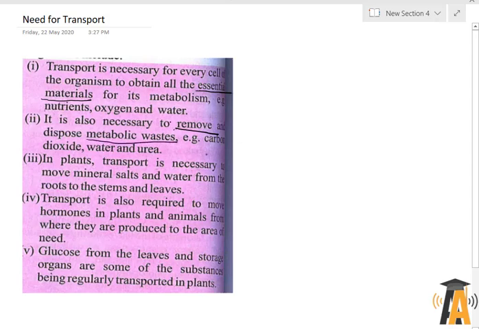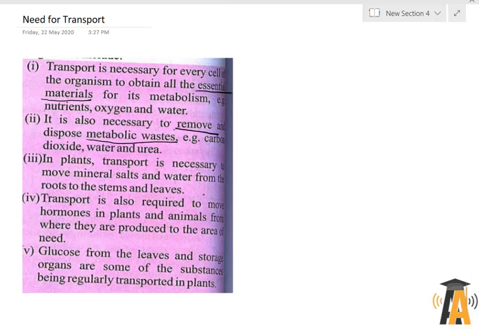Because these wastes are toxic and harmful to the body, you need to get rid of them from the body. Those wastes include carbon dioxide, water, urea, etc.